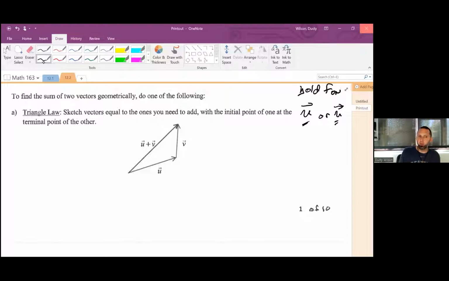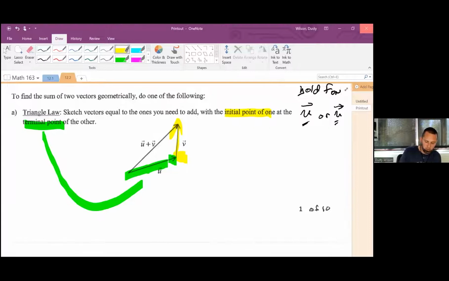By this I mean the initial point of one, this is the second, lines up with the terminal point of the other. Notice there's that initial point of v lining up with the terminal point of u.